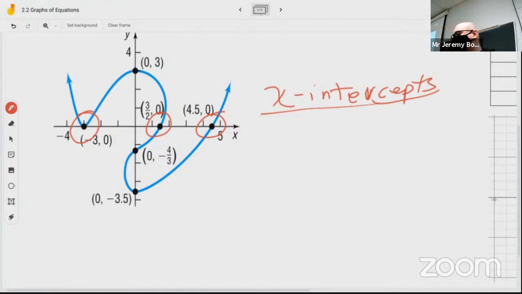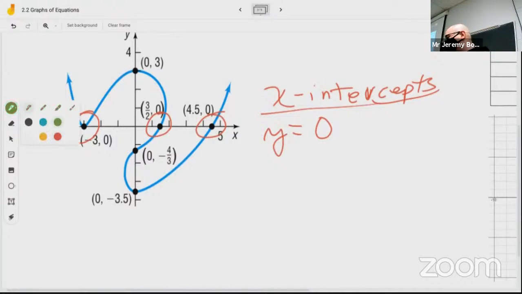They all have a 0, and it's a 0 for what? X value or Y value? Y value. That is true for every x-intercept that will ever be or has ever been. Y will equal 0, because it's going to be along that x-axis. And so for it to be along that x-axis, the y value needs to be 0.